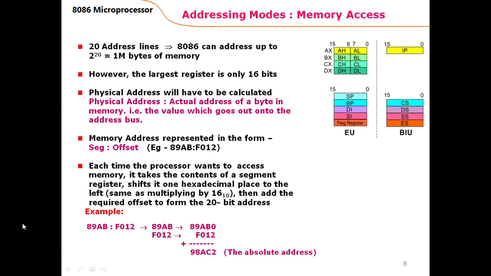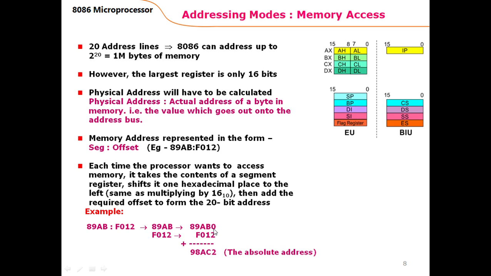Here is an example. Let's suppose this is the 16-bit content of the segment register. This is the offset value. The 16-bit segment number is left shifted by appending 0 at the right-hand side in the hexadecimal, or shifting one hexadecimal place to the left. That means a 0 is introduced at the right position here.